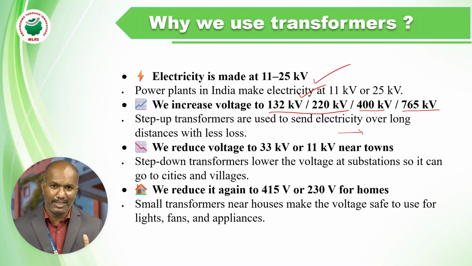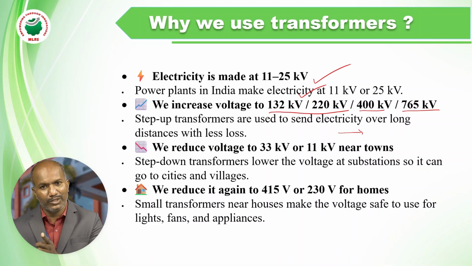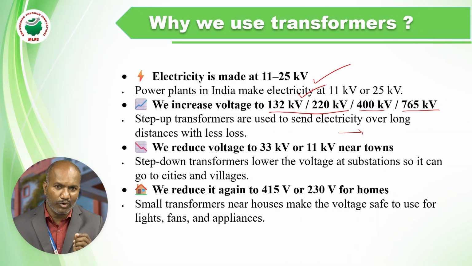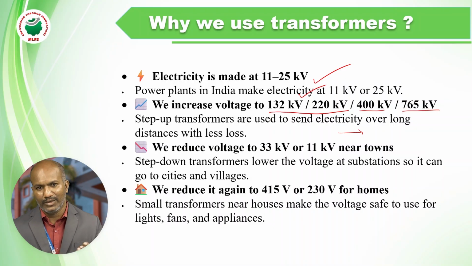Generally, generators generate electricity at the power plant. That energy is carried through transmission lines and used by loads which are far away from the generators. The distance between generators and loads may be around 50 to 500 kilometers. So you need to transmit that energy from generators to loads which are far away.